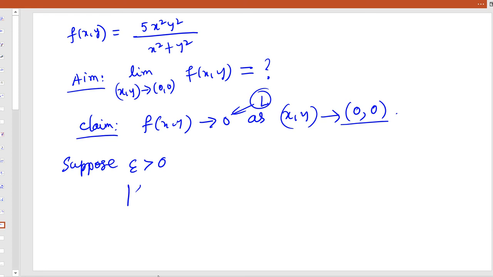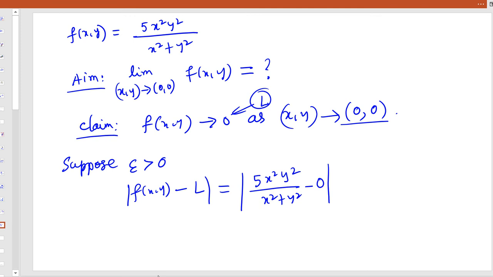So f of x, y minus L is 5 x square y square divided by x square plus y square minus 0. Okay, so this is nothing but 5 x square y square by x square plus y square.